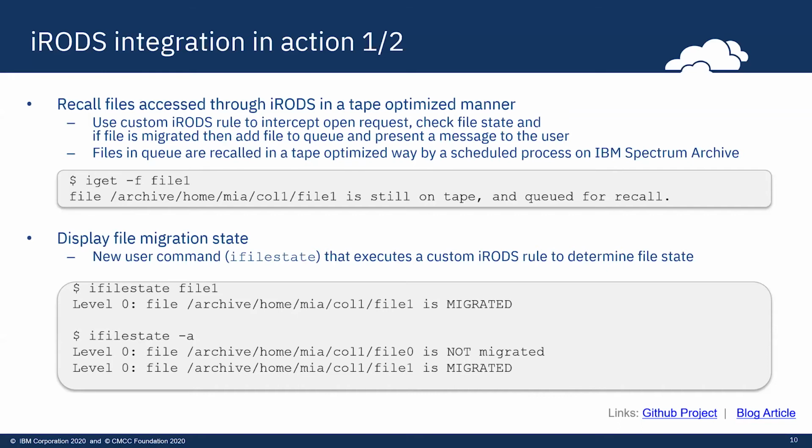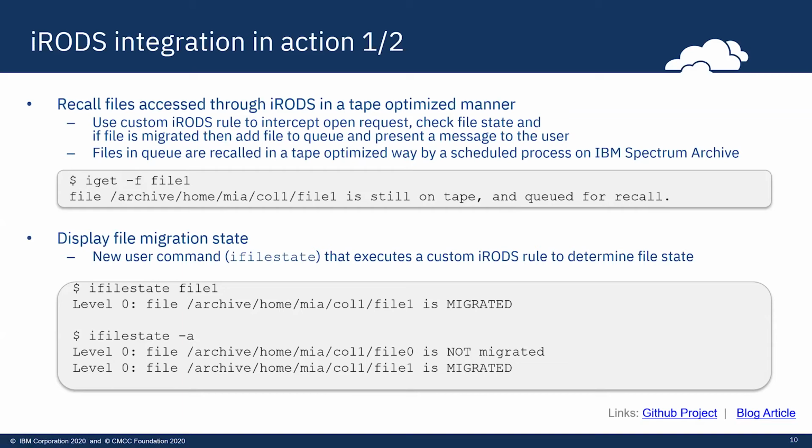As you can see in these two examples, in the first, the user sees this file 1 is migrated. Now, iFileState can also be invoked with the -a option, which means show me all files in the current collection or in the current directory, and then you see the file state of multiple files, right? So you see file 0 is not migrated and file 1 is migrated.